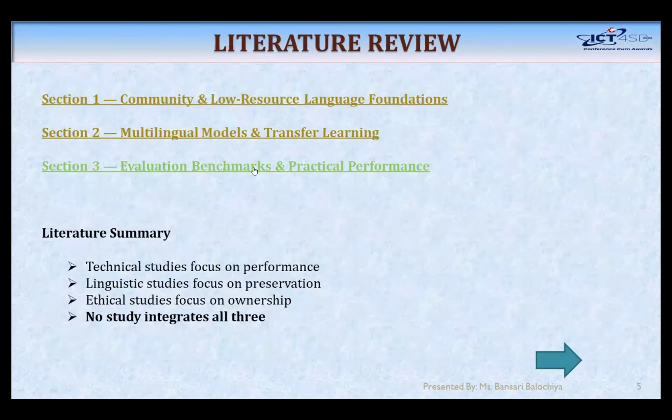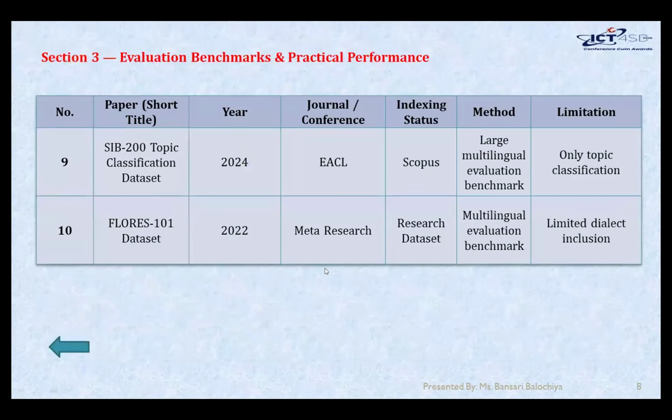And third is evaluation benchmark and participatory performance. These two papers I have divided in this section, and this section adopts large multilingual evaluation benchmarks such as SIB-200 topic classification and the Flores-101 dataset. And the limitation is only topic classification and limited dialect inclusion.